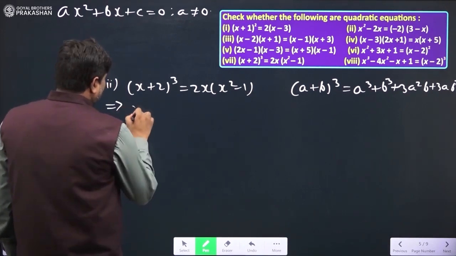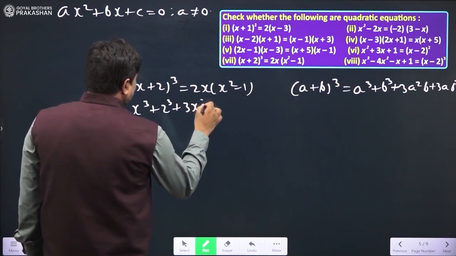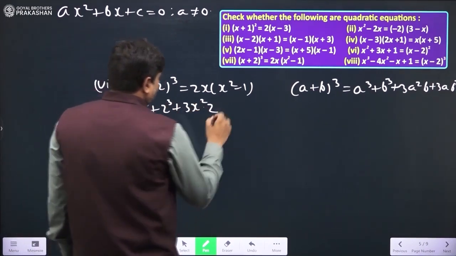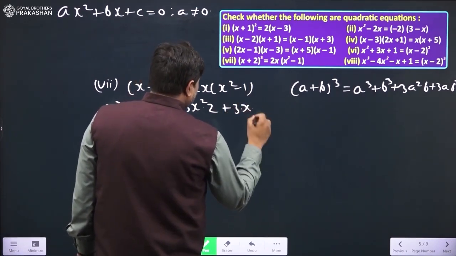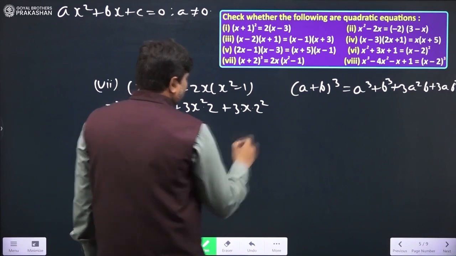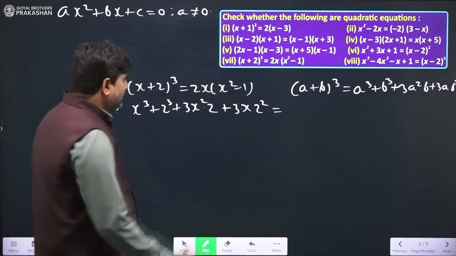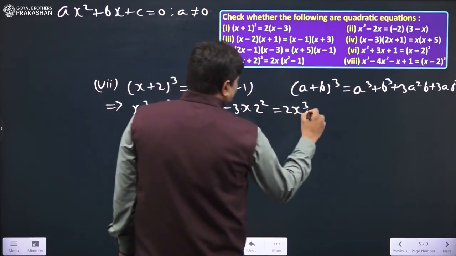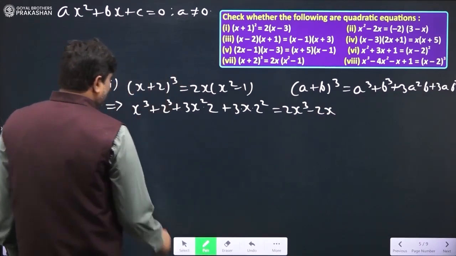So it will be x cube plus 2 cube plus 3a square, means 3x square into b, that is 2, plus 3a means 3 into x into b square, that is 2 square, equal to, if we multiply this, 2x into x square minus 1, so it will be 2x into x square, 2x cube, and 2x into minus 1, it is minus 2x.